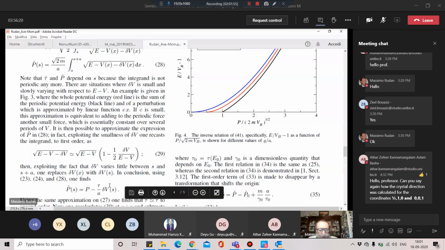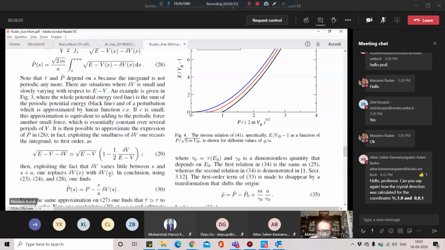If it is almost constant over a period, here you see delta V, we replace delta V of X with delta V of S, okay? S is the position where we start calculating the integral, okay? Then what we do is we replace the simplifications in the integral. At that point we can calculate the integral. And we can calculate the integral very easily.